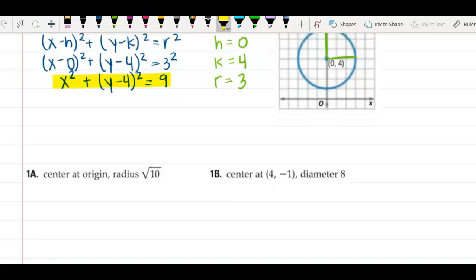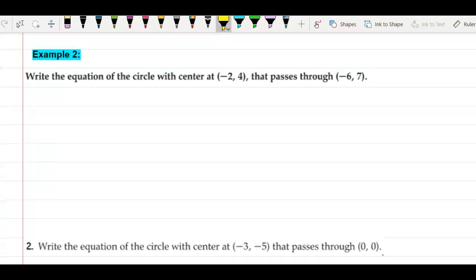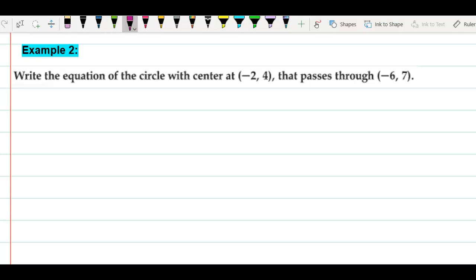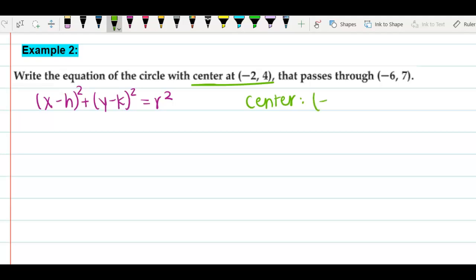We're going to look at one, hopefully quickly, way to do our next problem. So our equation again, x minus h squared, y minus k squared equals r squared. The center, which it says is negative 2, 4. So h is negative 2, k is 4. But we also need our radius.